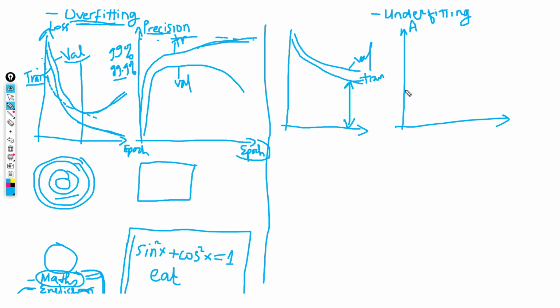So here we could have accuracy, and then we have our validation, and then training, and we have, say, accuracy 100%. Let's say we have 1 right here, and then our model is still too simple that we just end up, say, at 0.6 or 60% accuracy.